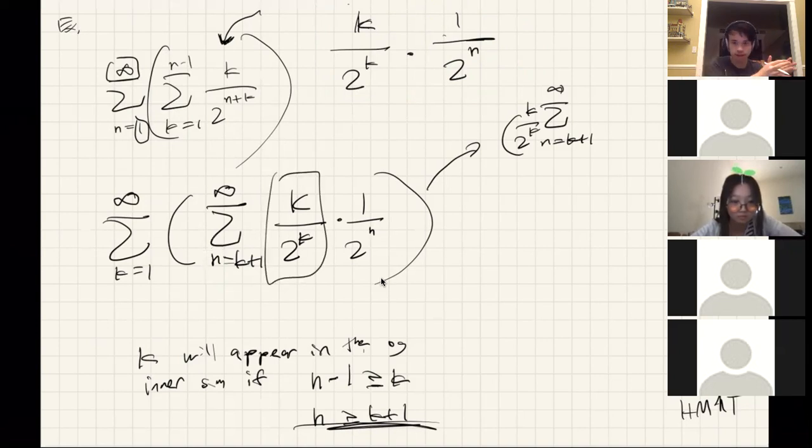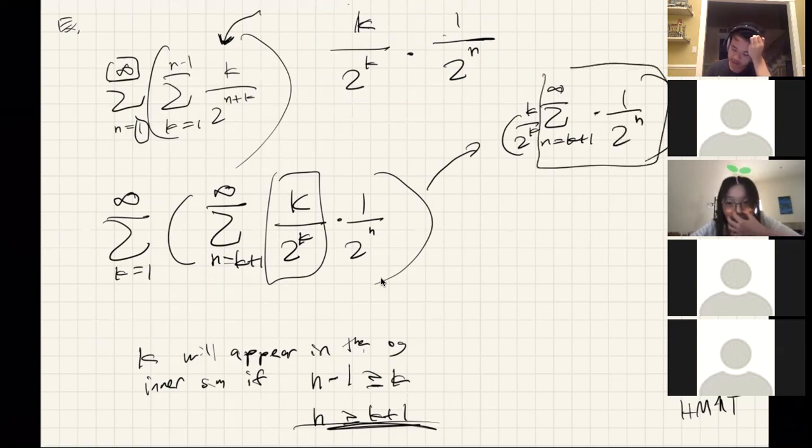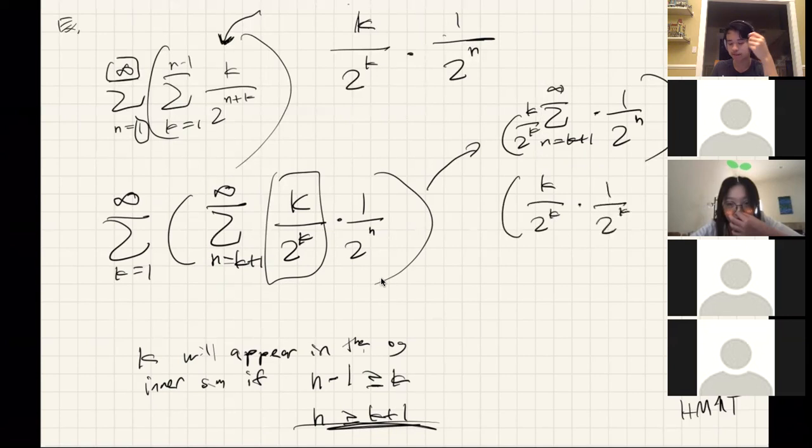So we can move it to the outside like it was a constant. But anyways, as you can probably tell, this just becomes this sum right over here. You just use the formula for a geometric series. So we just get k over 2 to the power of k times 1 over 2 to the power of k. This sum over here becomes this very easy to understand fraction in terms of k.